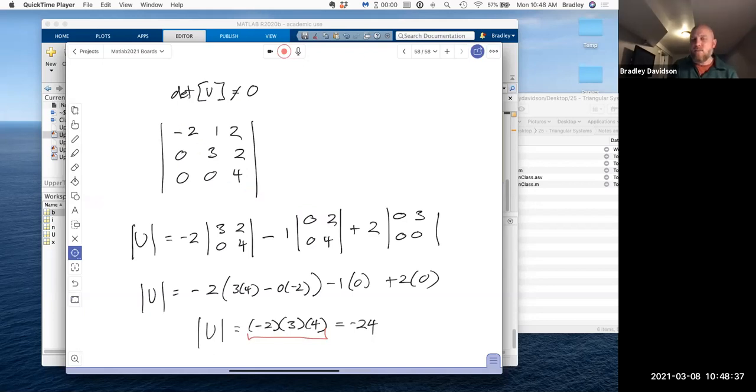Okay? And you'll see that to get this determinant in MATLAB, we use the prod, so the product of all the elements that you put in here, and then you'll put in here the product of the diagonal of U, which picks out a matrix, in this case a 1 by 3 matrix, and multiplies each of the elements together.